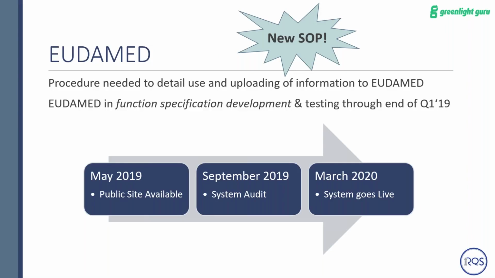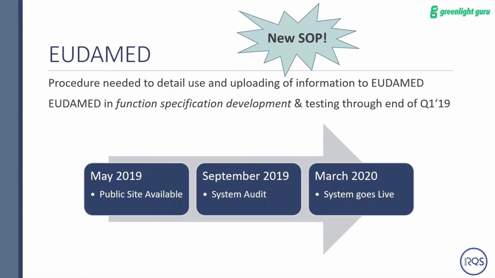EUDAMED. So we've talked about this a little bit in some of the previous slides and how this ties to different sections. So EUDAMED in general is the big electronic database that companies will be responsible for uploading information, notified bodies and competent authorities will be reviewing information, and then users of devices, doctors, end users will be able to go review information here as well.